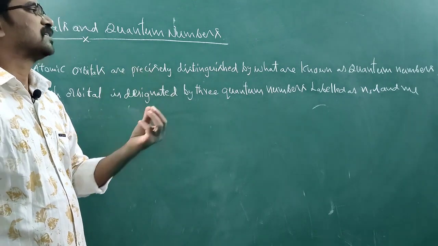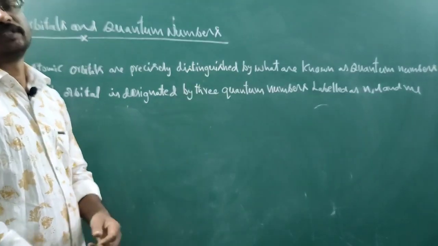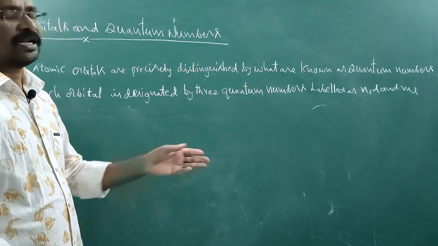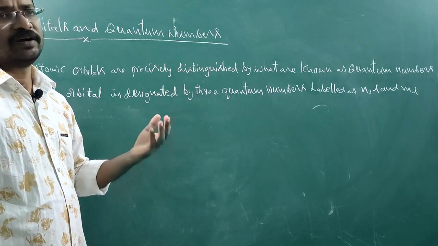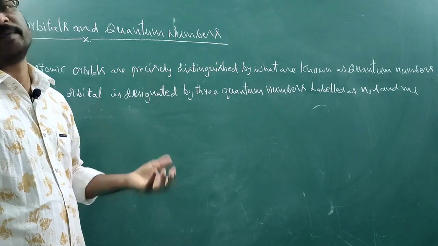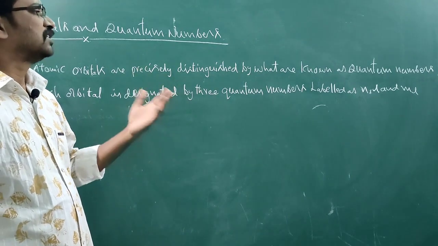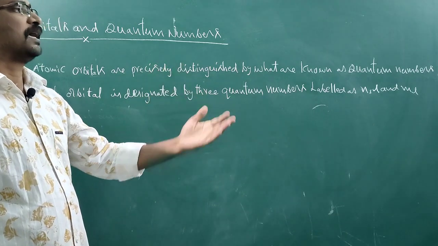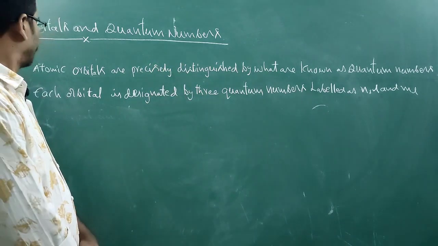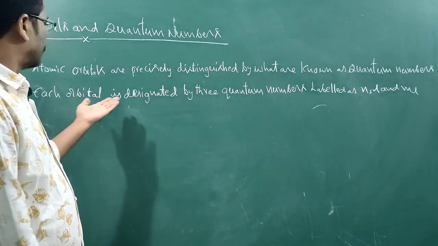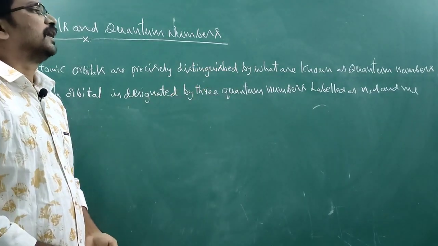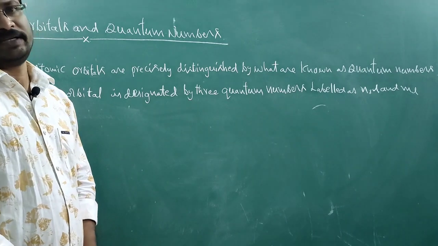The s orbital has fixed n, l, and ml values, and like that the p orbital and d orbitals. So each orbital has specific n, l and ml values.